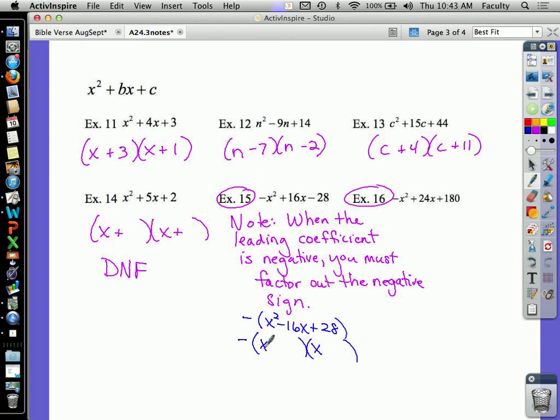What two numbers multiply to positive 28 but add up to negative 16? 2 and 14, but are they both pluses, both minuses, or one of each? They're both minuses, so minus 2, minus 14. All right, now try this with example 16.